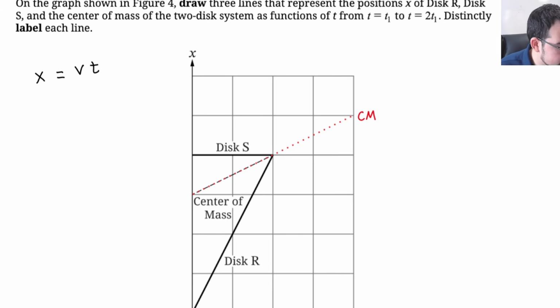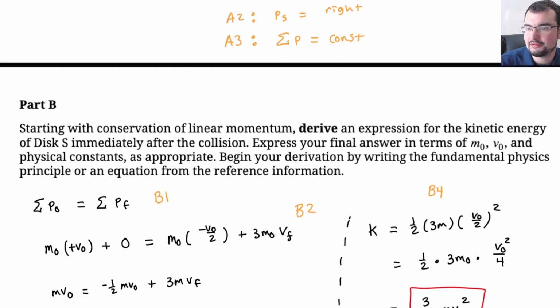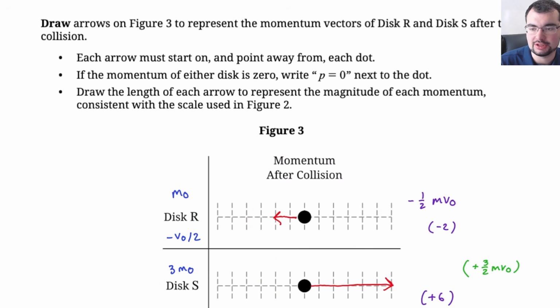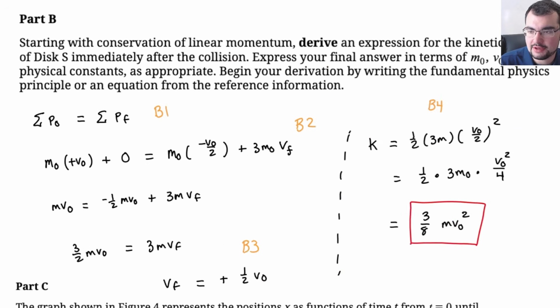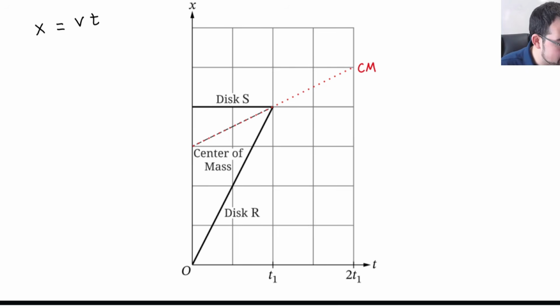And then disk, we know that from our math, both disks actually move at the same speed after the collision. We just have different directions. So we have negative v0 over 2 and positive v0 over 2. So disk S, which was originally stationary, actually it's probably easier to do R so we can try to get the slope right.